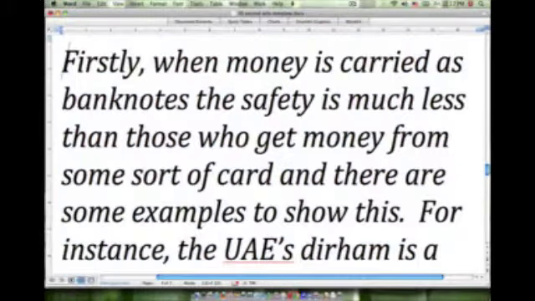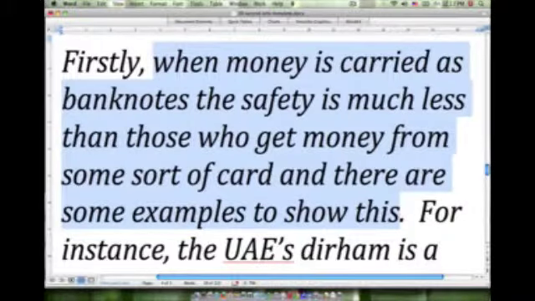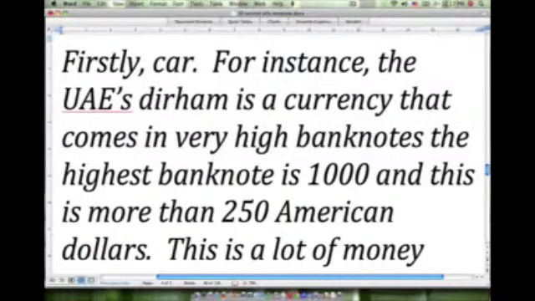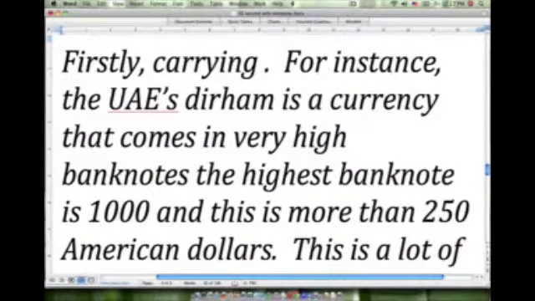Now, how can we rephrase this? Basically, what we want to say is that banknotes are less safe than electronic funds. We want to say this concisely. We want to say this briefly. So let's keep firstly, and let's take out the rest. Okay, now I'm going to say this as briefly as I can.